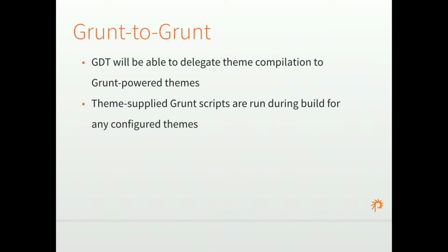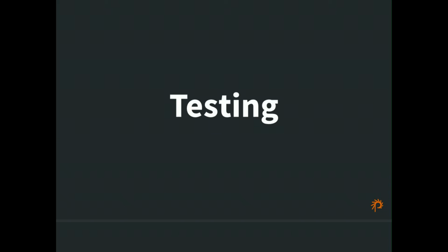And so one thing we wanted to do is allow Grunt Drupal Tasks, which is more high-level, concerned about building the whole Drupal site, to delegate theme compilation to Grunt files that are packaged with the theme. We now have support for this, where you can configure one of your Drupal themes to be Grunt aware, and then Grunt Drupal Tasks will allow the Grunt file or script that's packaged with that theme to run when it's trying to compile themes.